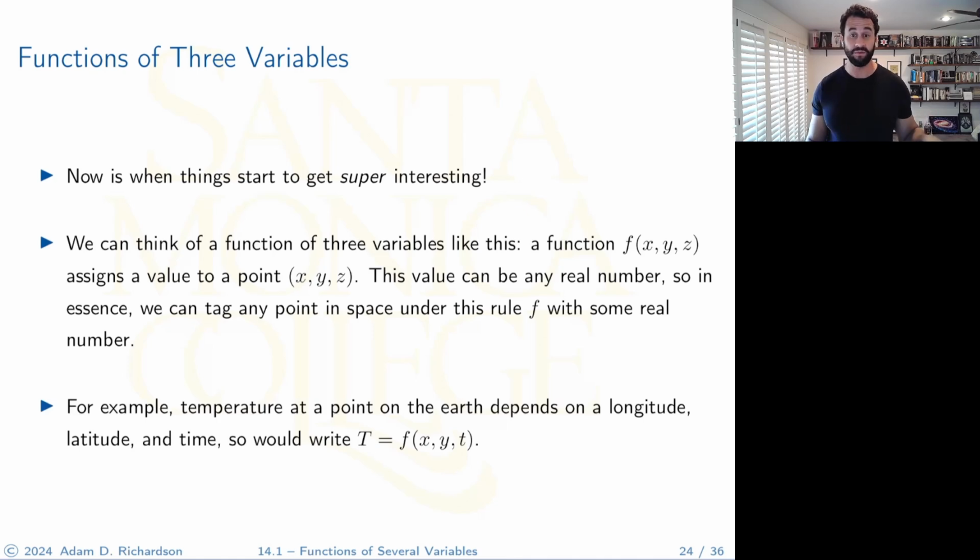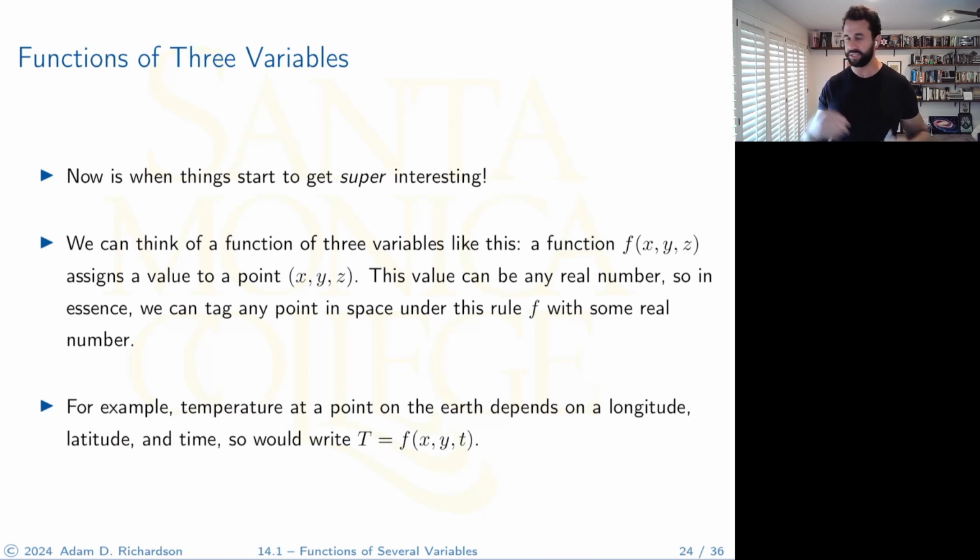An easy example, again, doesn't have to be physical, or I shouldn't say physical. It doesn't have to be, what word am I thinking of? Geez, I can't remember. Geometric, maybe? Nah, doesn't matter. For example, the temperature at a point on the Earth depends on longitude and latitude, but it also depends on time.